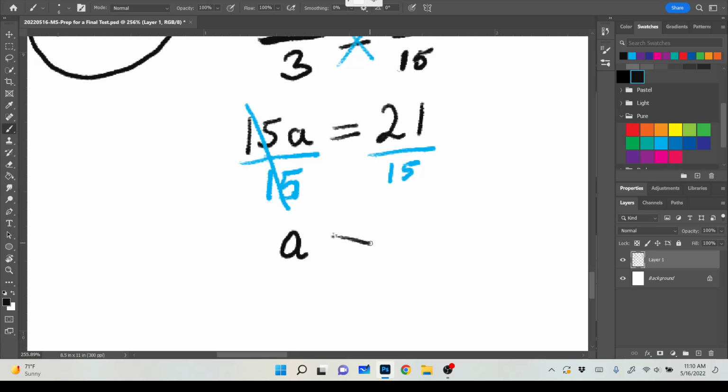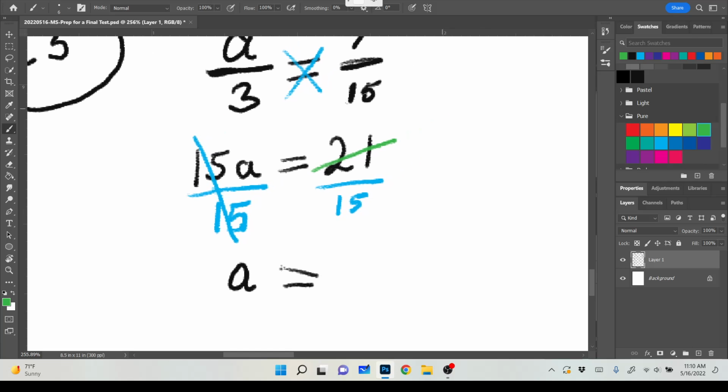21 over 15. What do we got to do with that? We got to divide. We can reduce if we want to. What can we reduce by? 3. What's 21 divided by 3? 7. What's 15 divided by 3? 5.